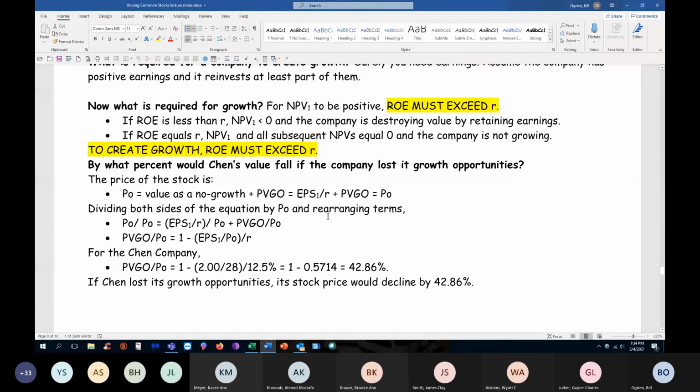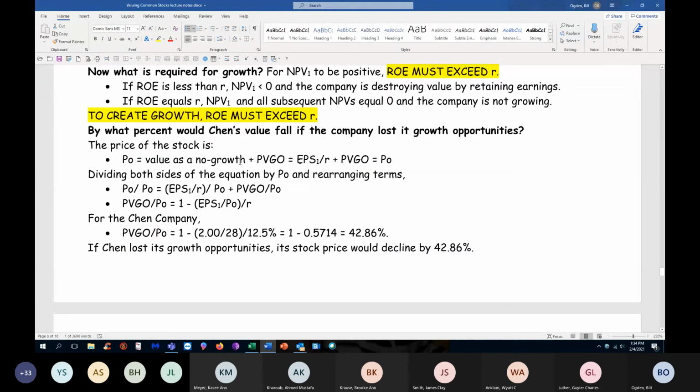All right. And then we have this equation. P0 is the value of no growth, EPS 1 over R, plus PVGO. All right. What part of this value comes from the growth opportunities? Okay, so what I did is I divided both sides of this equation. So that would be from here to here. I divided both these terms by P0, and I divided P0 by P0, and that gave me this.